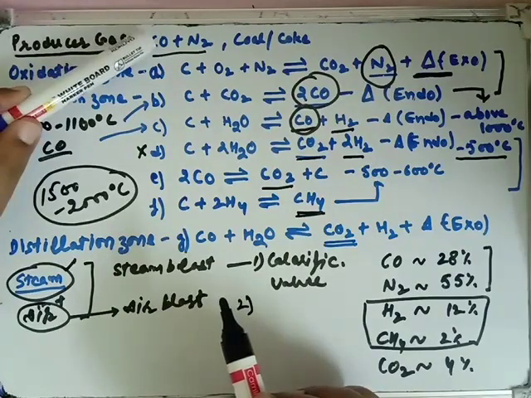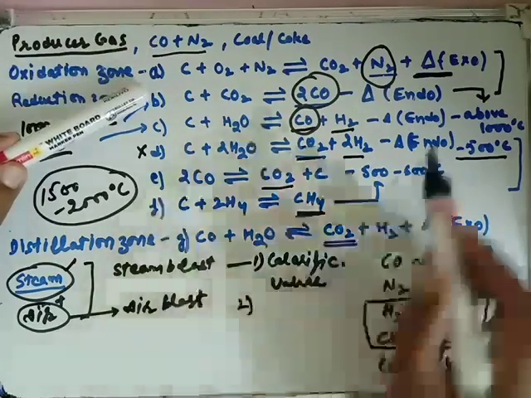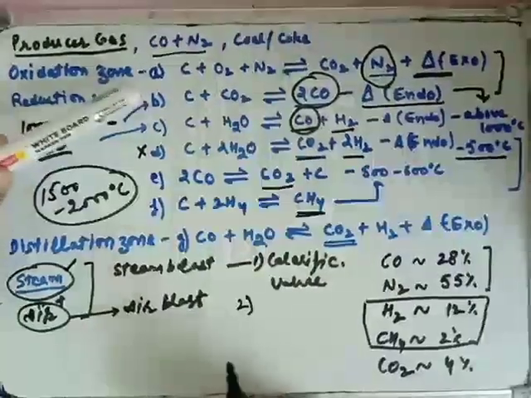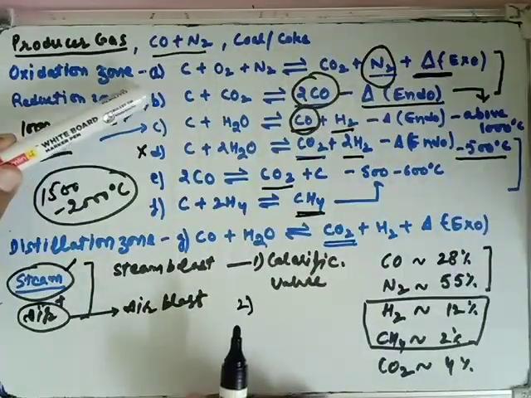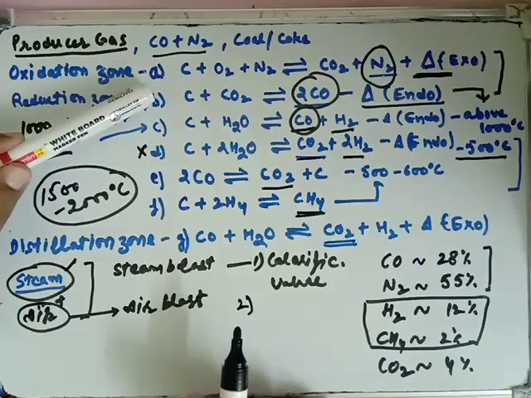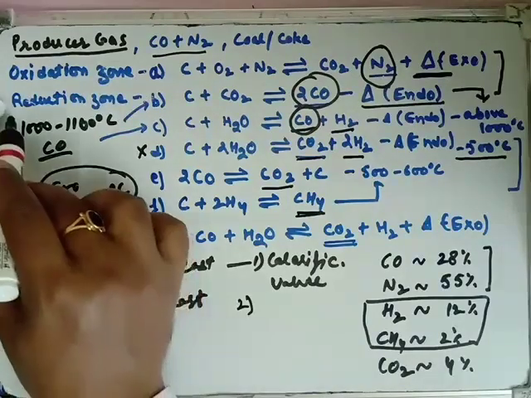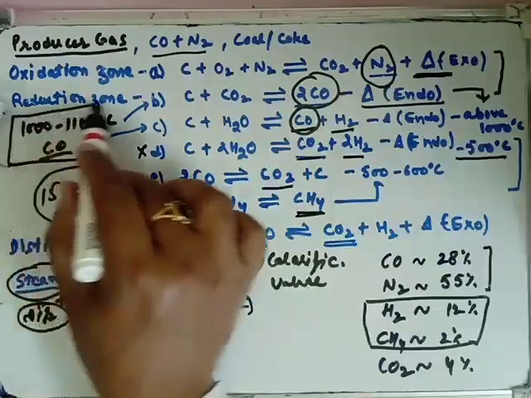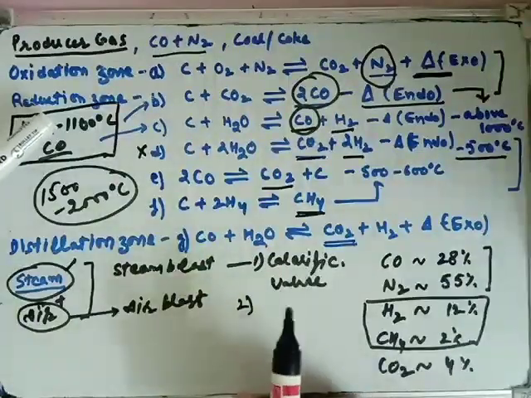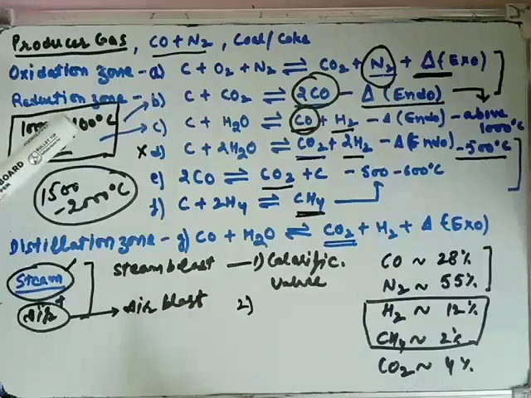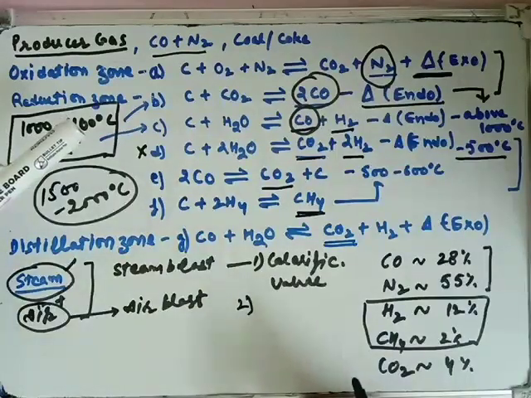In the absence of steam, only one endothermic reaction is taking place, that is reaction B, and reaction B itself is not capable of containing the temperature of the reduction zone in the range of 1000 to 1100 degrees Celsius. It means we require some more endothermic reactions.